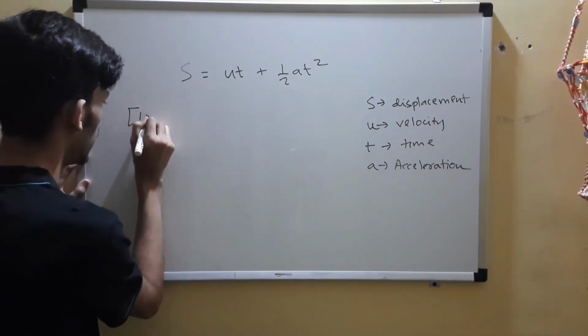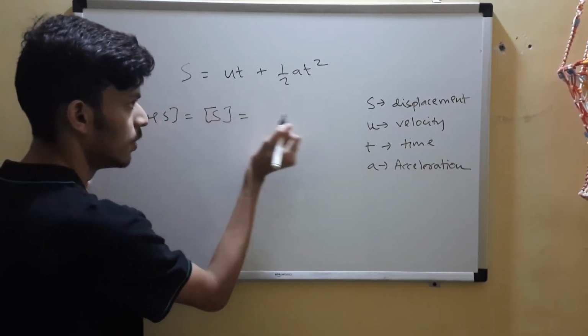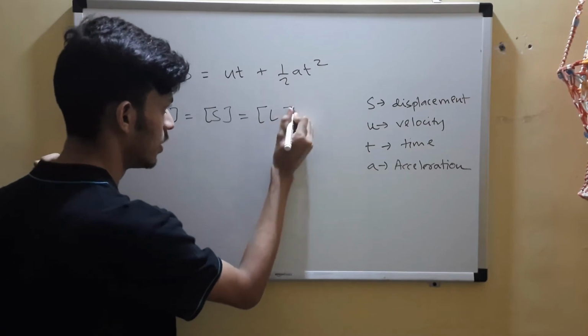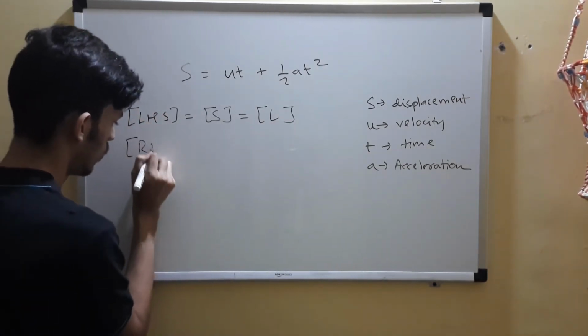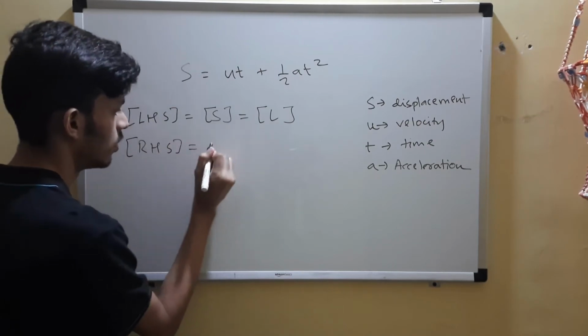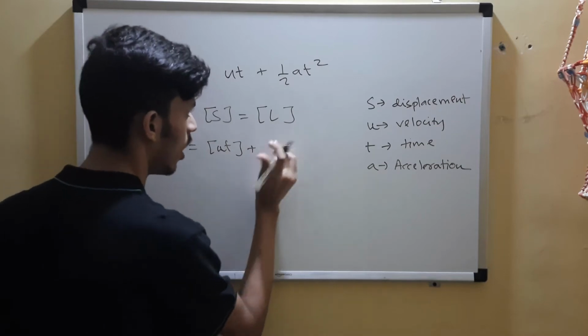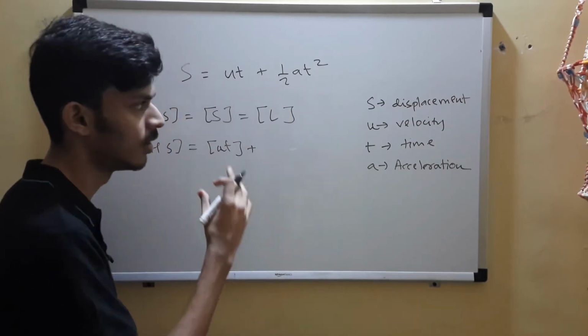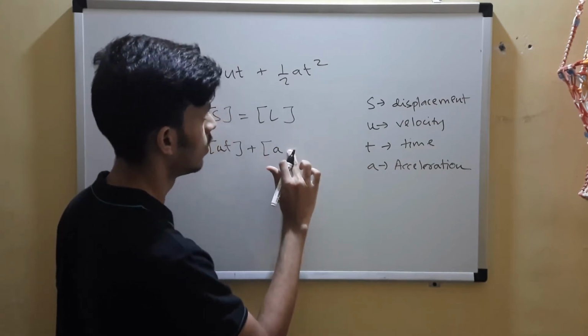Dimensions on left hand side, which are dimensions of s, which is displacement. Displacement means it's basically length. And then let's go for the right hand side now. So dimensions of ut plus half is a constant, so even if we remove it out, it won't have any effect on dimensions. Okay, right.